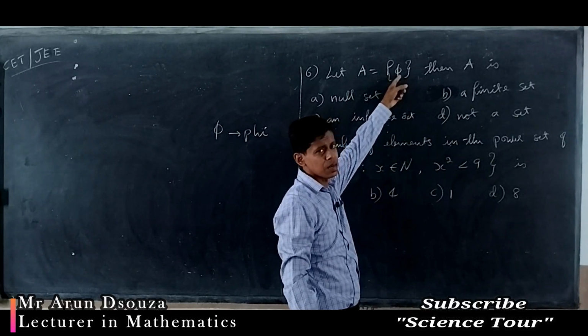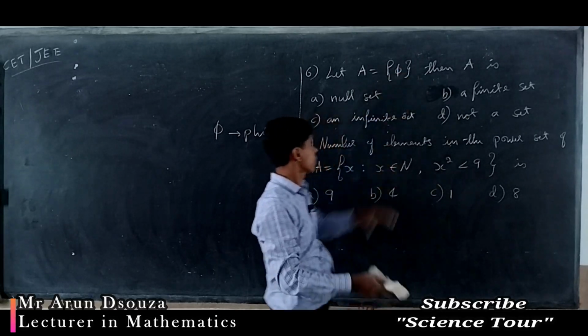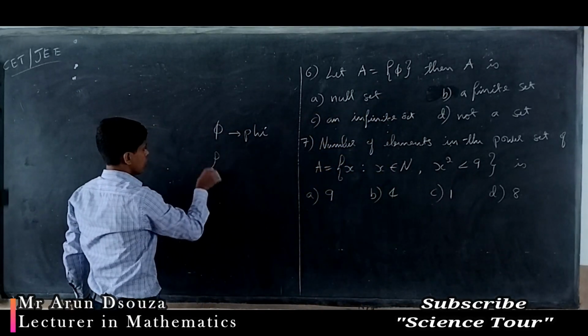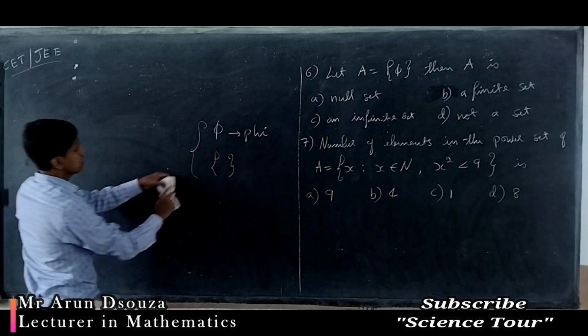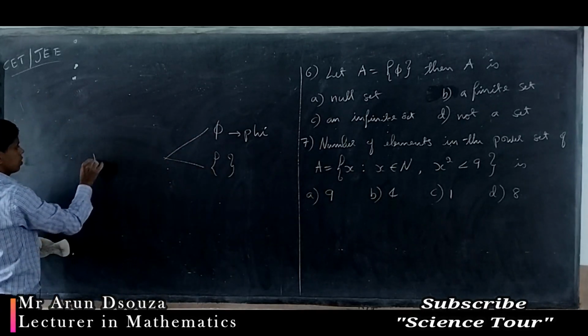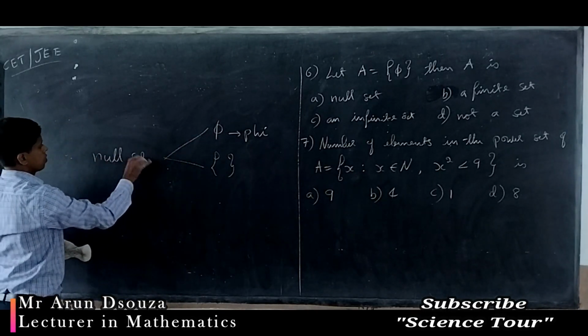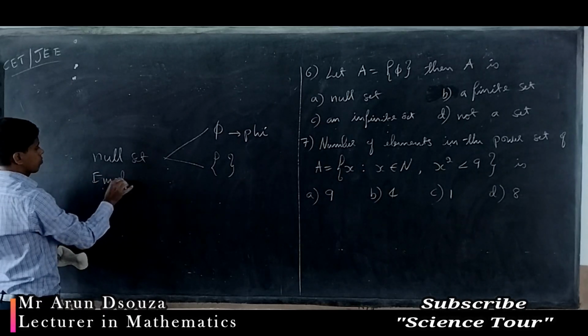Which one represents the empty set? Only phi, or only this? These two represent the empty set. Both are null sets, empty sets.